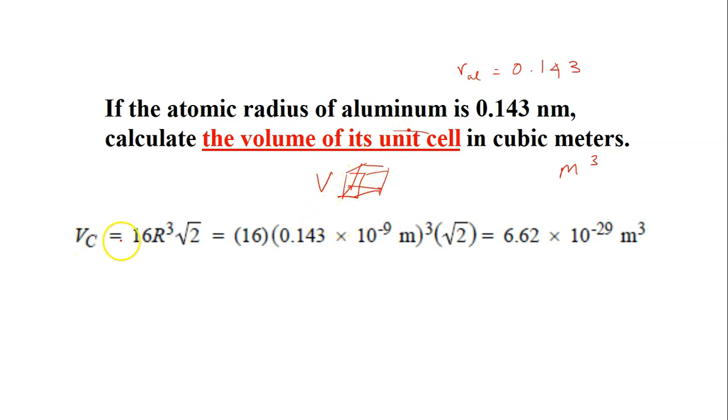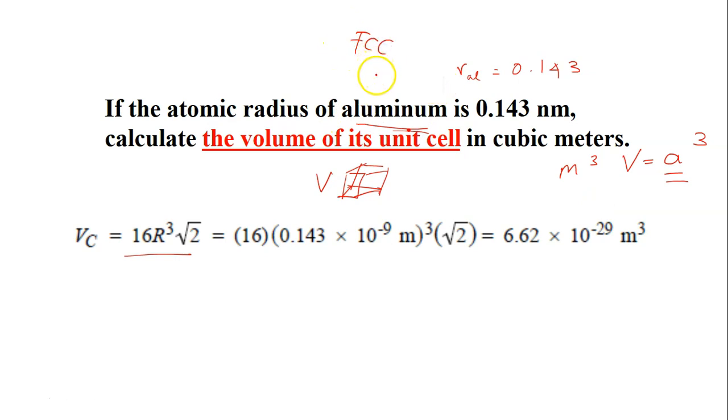So then Vc equals 16 r cubed times square root of 2. Where did I get this? Again, the volume of the unit cell is A cubed. So what is A? You can refer back to my notes. Since it's aluminium, aluminium actually has an FCC crystal structure.